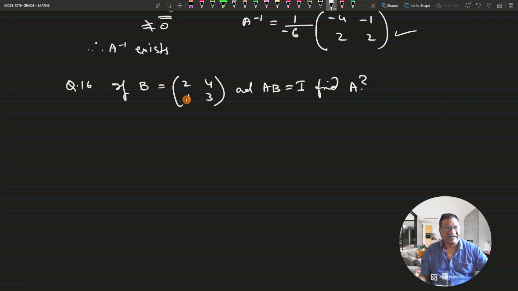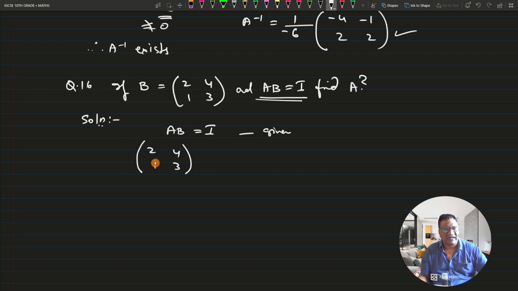So matrix B is given to you and AB is equal to I is also given to you. You have to find out what is the matrix A. Now here, since AB is equal to I is given, and matrix B is also given to you, it is 2, 4, 1 and 3.